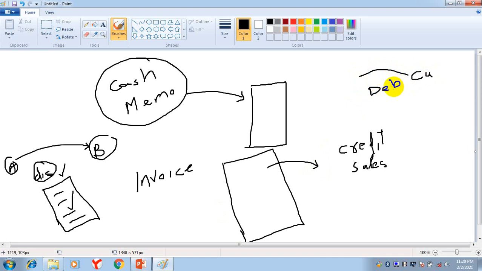Return inward book. A debit note is for those goods which are returned by the customers, and one is a credit note. When goods are returned, the company will make a credit note.